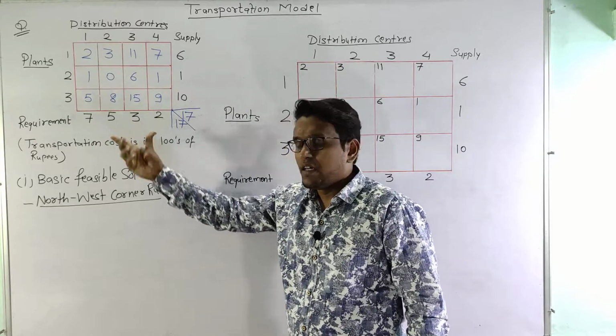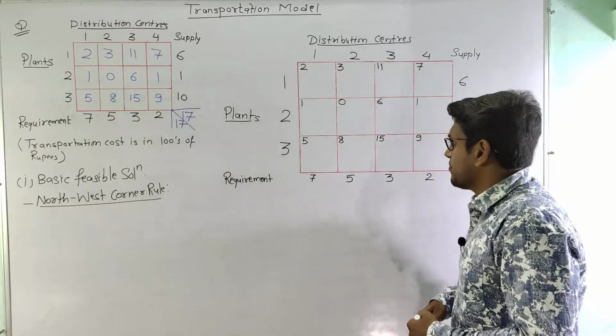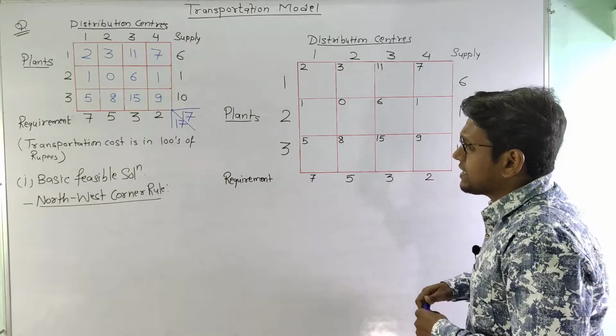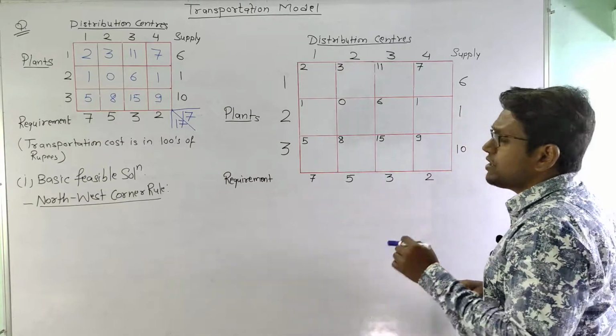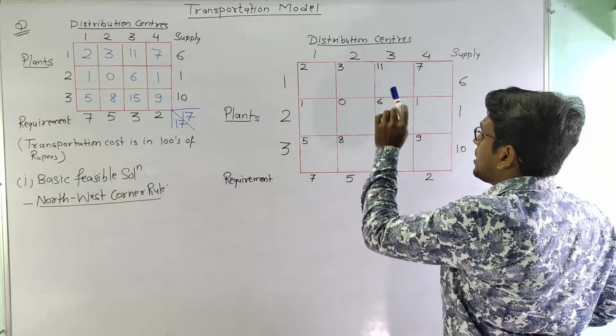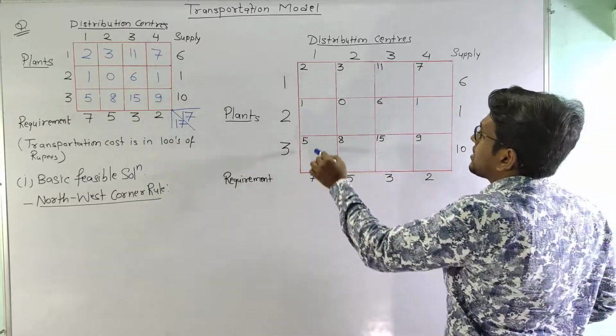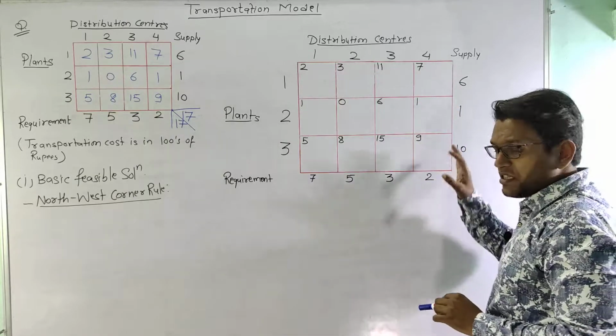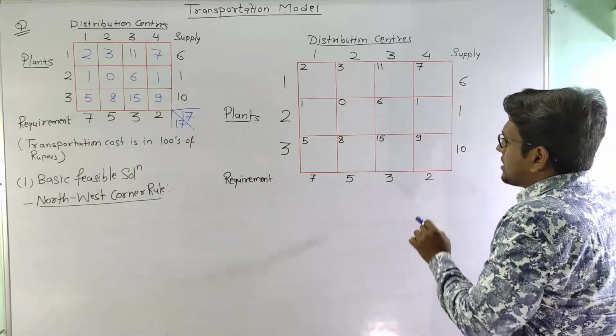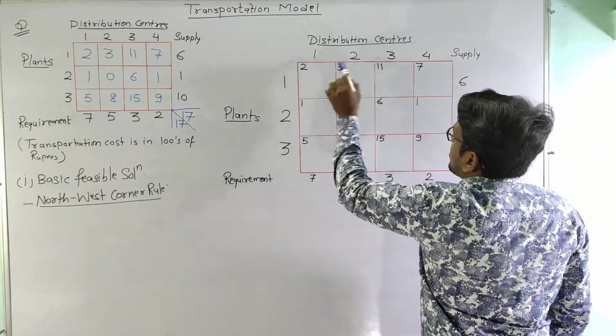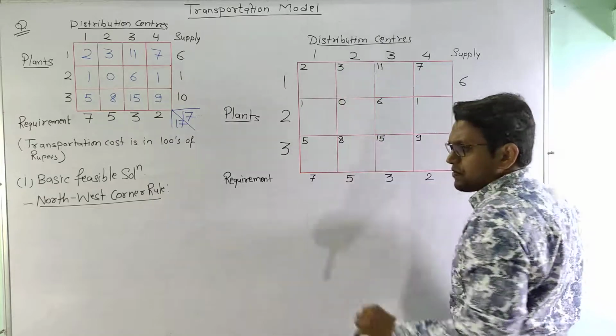Now proceeding forward, in the northwest corner rule we will select the northwest cell in the matrix. In this particular matrix, the top left cell is the northwest cell.